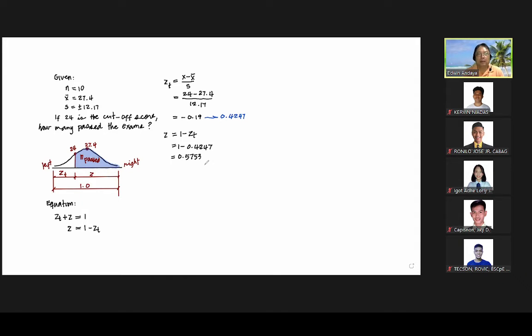Since the problem asks how many, it is a number of examinees.